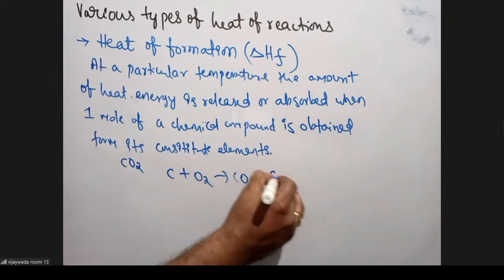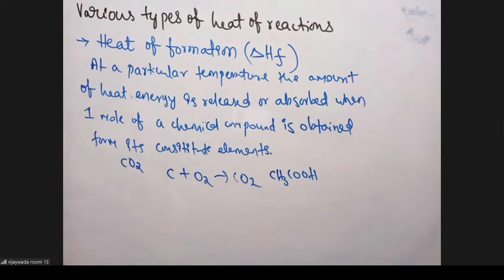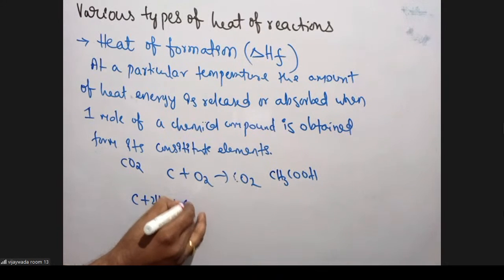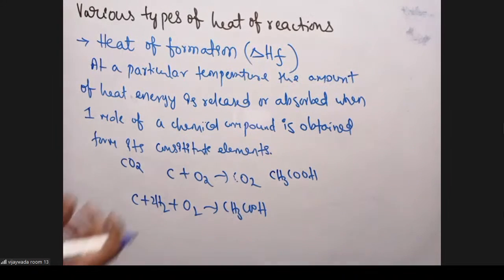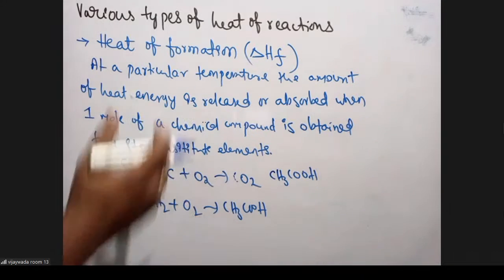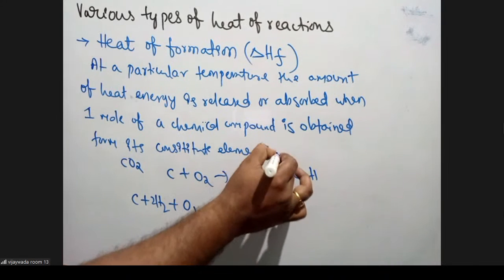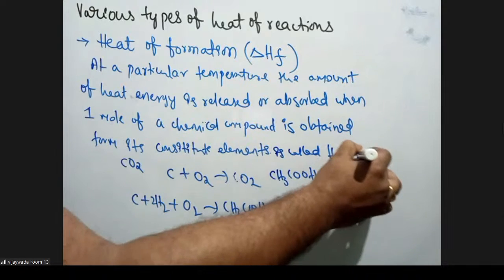Or if I want to prepare CH3COOH, acetic acid, its constituent elements are what? Carbon plus hydrogen plus oxygen gives rise to CH3COOH. So that is the meaning of a chemical compound obtained from its constituent elements. Understood? It is called heat of formation.